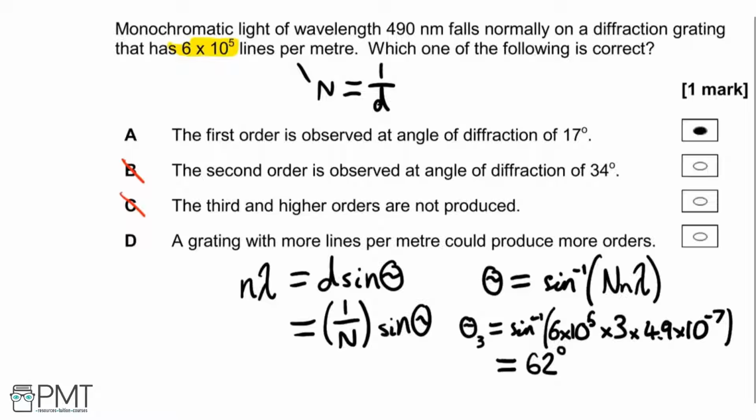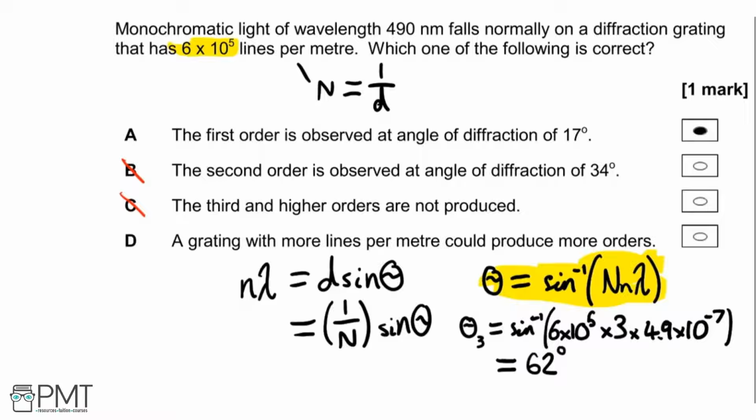And then finally, a grating with more lines per meter could produce more orders. Well, we can just look at the original equation for this. If we look at this version of the equation, we've got theta equals sine to the minus 1 of n lambda, with capital N. If we have more lines per meter and capital N was larger, that would increase the value of sine to the minus 1, which would mean that theta would be higher for any given value of lowercase n, for any given order.